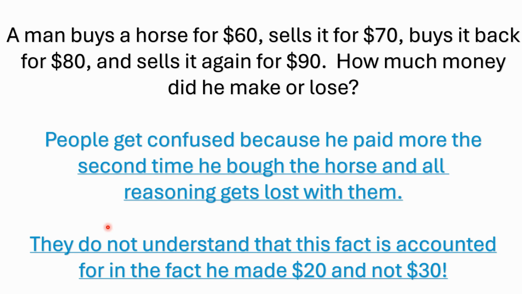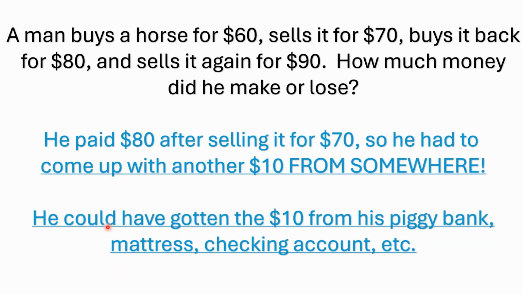Instead of making the $30 he could have made had he bought it at 60 and sold it at 90, he didn't, because he had to spend that extra money to buy the horse the second time. So he only made $20. He made $10 less than he could have. But that gets lost on people as well.